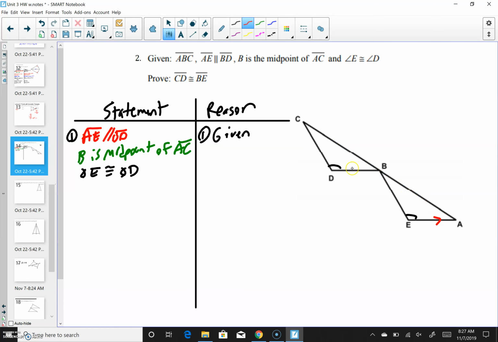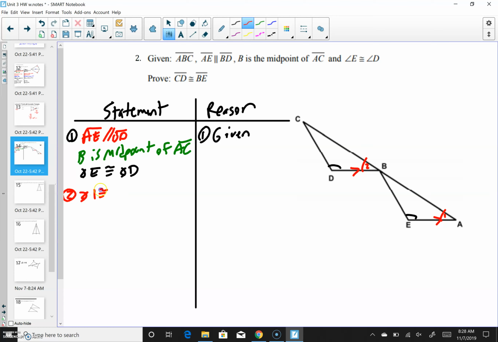So if those two lines, AE and DB, are parallel, usually we look for alternate interior angles. But we saw in class that there's one other type of angle that we can look for, and those are our corresponding angles, which we have here. The corresponding angles are angle 1 down at A, and angle 2 at angle DBC. So that's where we're going to go for step 2.